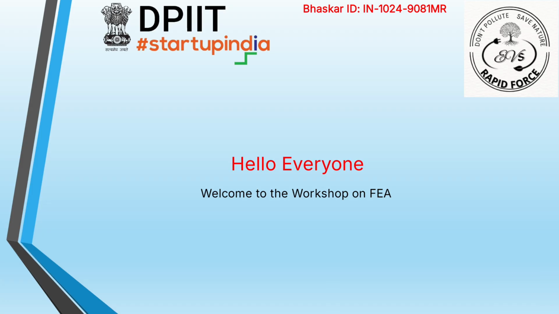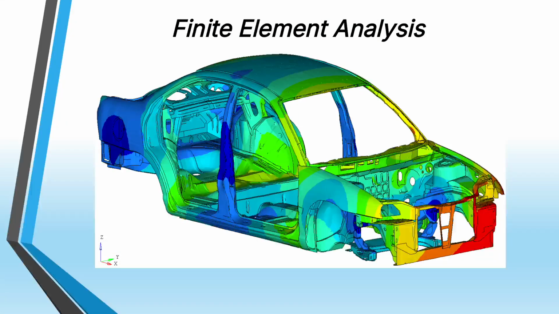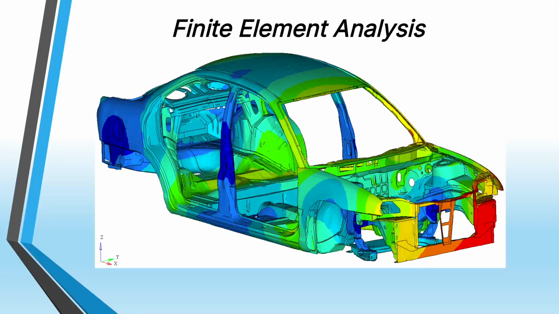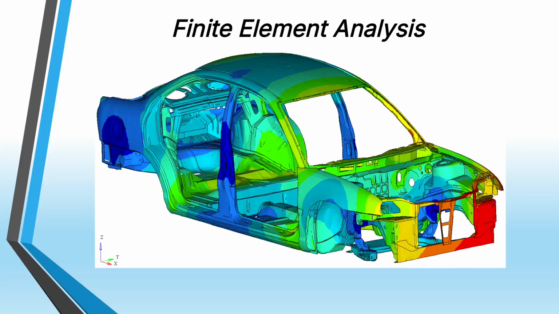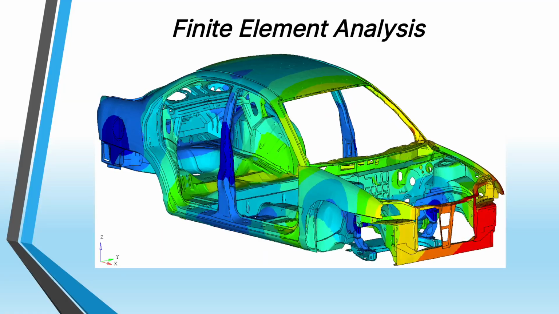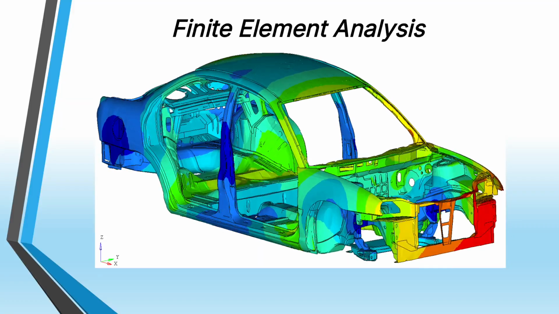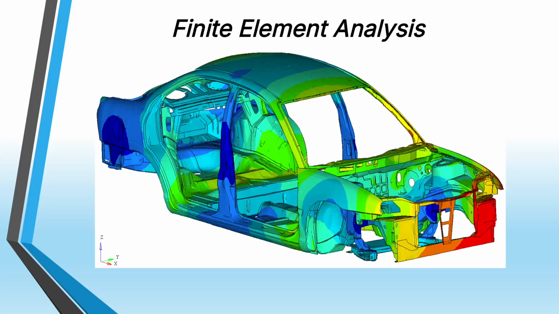Let's start this finite element analysis. In finite element analysis, we have seen the full structure of a vehicle, the BIW chassis, in which we have seen the deformation and the frontal crash analysis.